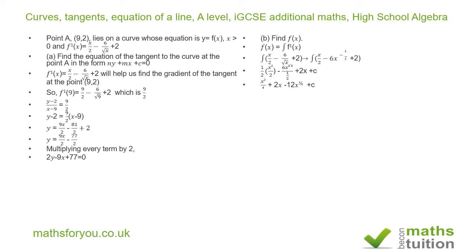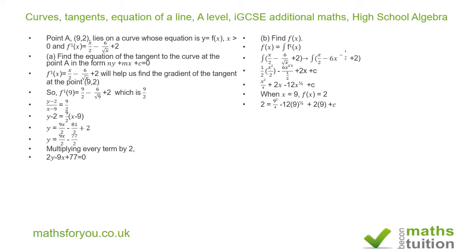Now, we need to find the value of c. We know that when x is 9, y is 2, so we end up with 2 is equal to 9 squared over 4 minus 12 times 9 to the power of half plus 2 times 9 plus c, again c being the integration constant.